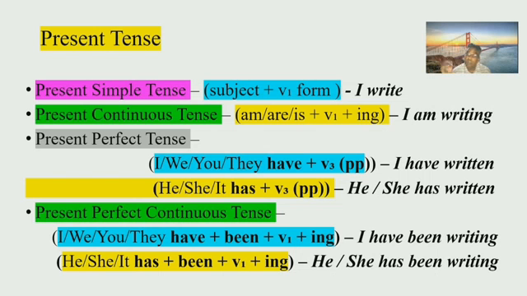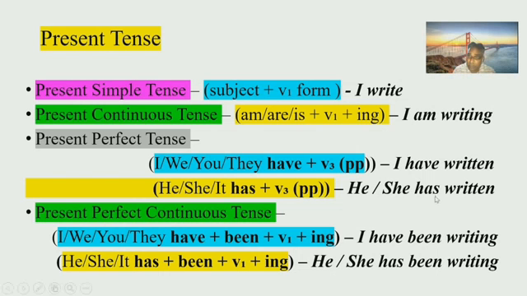When it is present, we will be using have or has, but when it is past, we use had. So had is common for all persons: first person, second person, third person. But in present tense, we use have or has depending on the person.